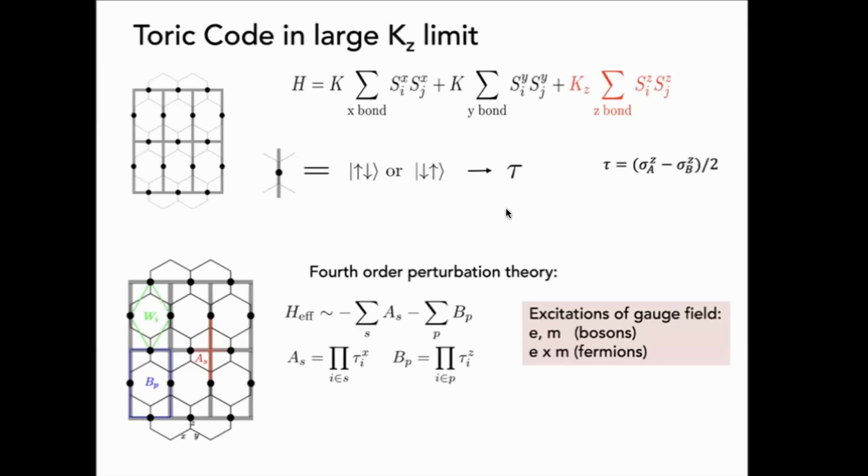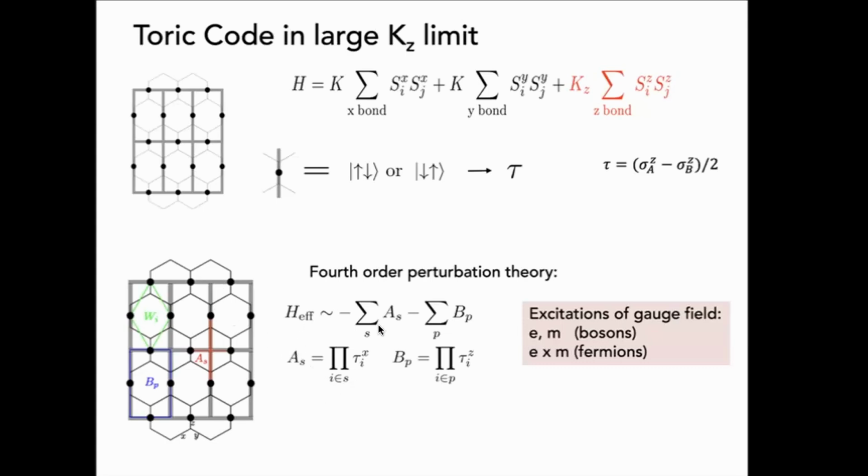And in terms of tau, in fourth order perturbation theory, you get an effective Hamiltonian that has the star operator and the plaquette operator. So the star operators are made of tau x across, so you should think of this square lattice, this emergent square lattice, as my toric code lattice.